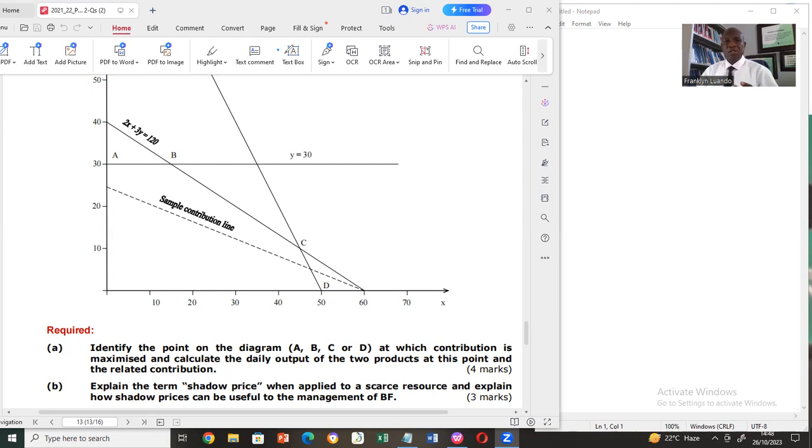Today's presentation is relevant to students who are studying ACCA Performance Measurement, and also those who are doing CIMA P2.